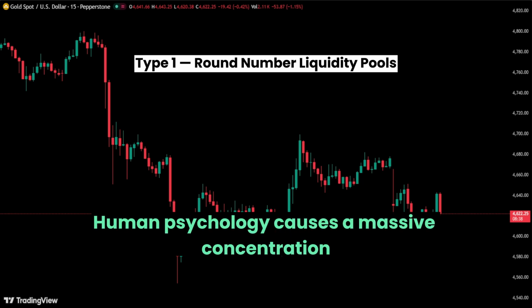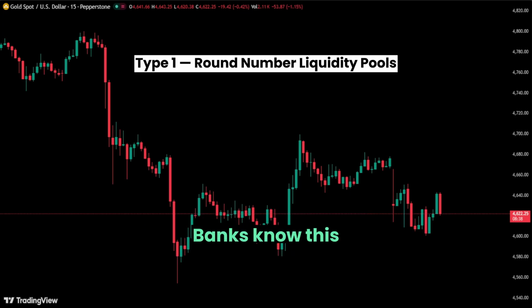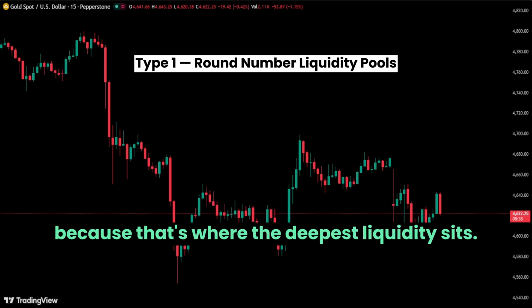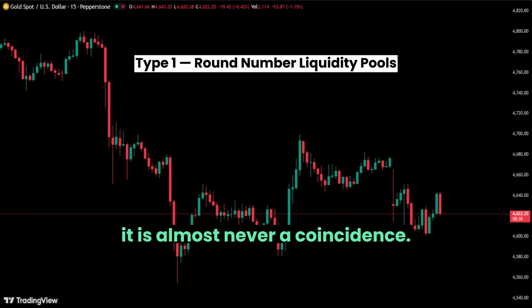Human psychology causes a massive concentration of limit orders, stop losses, and take profits to cluster at these levels. Banks know this. They actively target round numbers because that's where the deepest liquidity sits. When price approaches a major round number, it is almost never a coincidence.